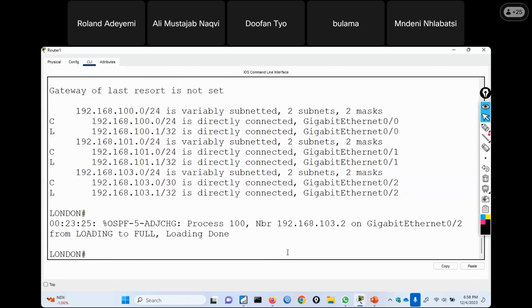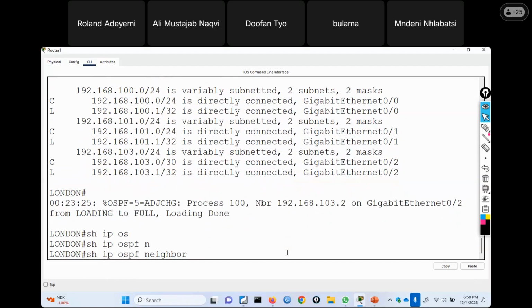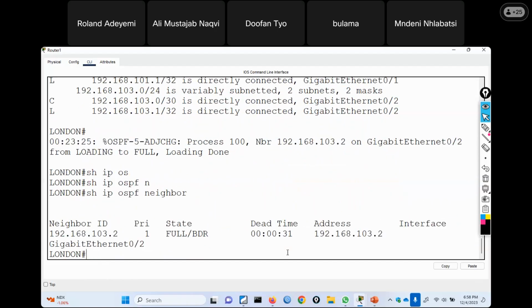First command, show IP OSPF neighbor. Look at our neighbor here. 192.168.103.2 is our neighbor. The priority is 1. The state we have with that neighbor is full, and the neighbor is BDR.